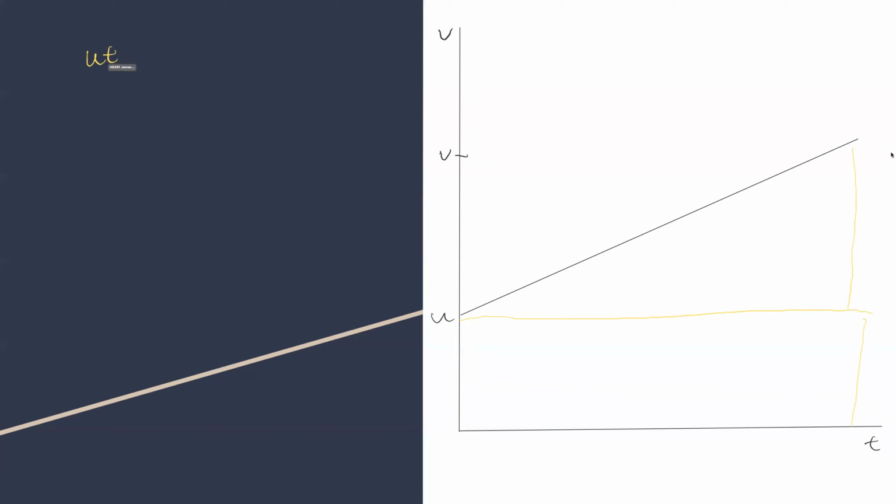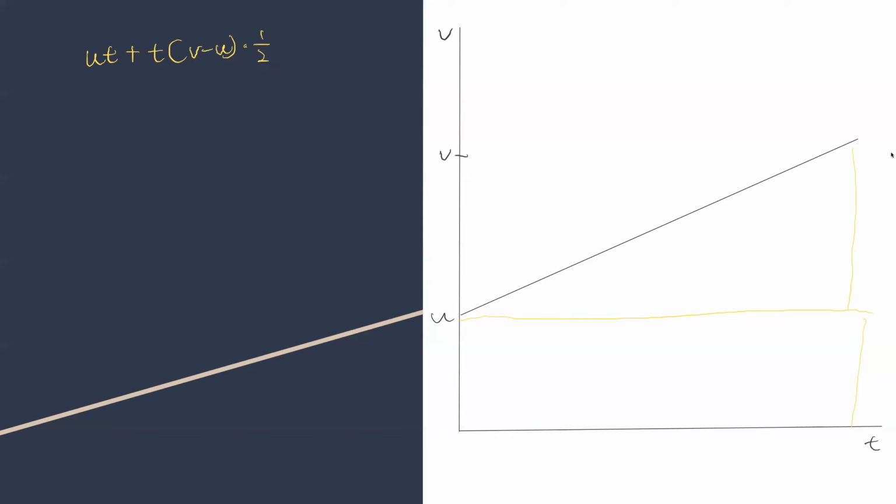And the triangle above is V minus U, so the area above is also T times (V minus U) times a half. Obviously you can see where it's going.